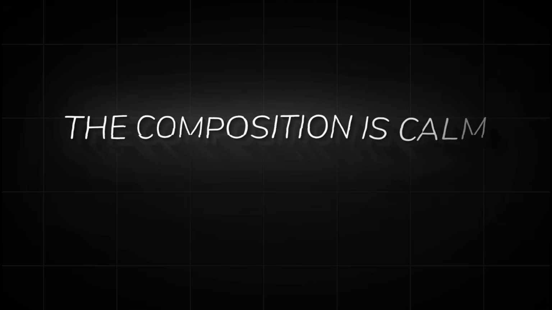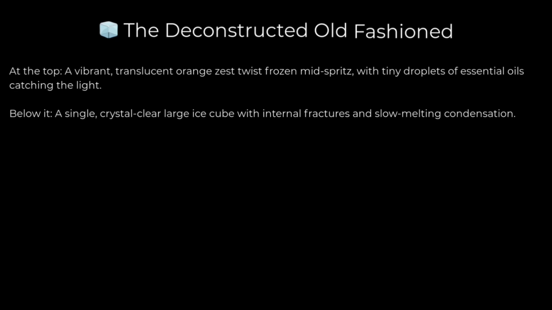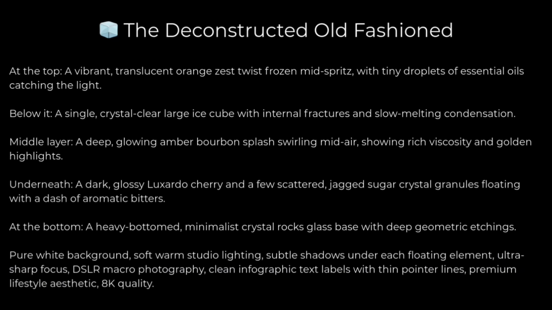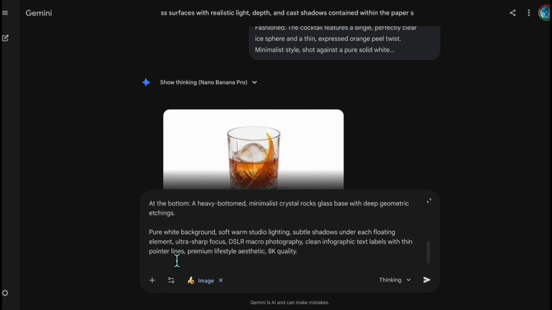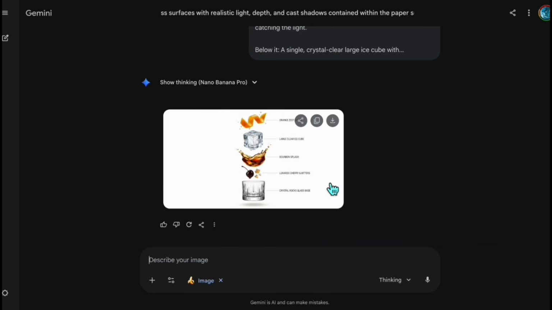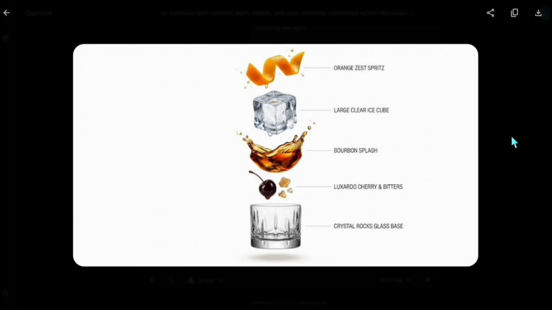The composition is calm and uncluttered. It feels premium. Next, I move to the deconstructed old-fashioned image prompt. I enter the prompt and generate a second image while keeping the exact same camera angle, lighting setup, and scale. This time, all elements are separated with style.